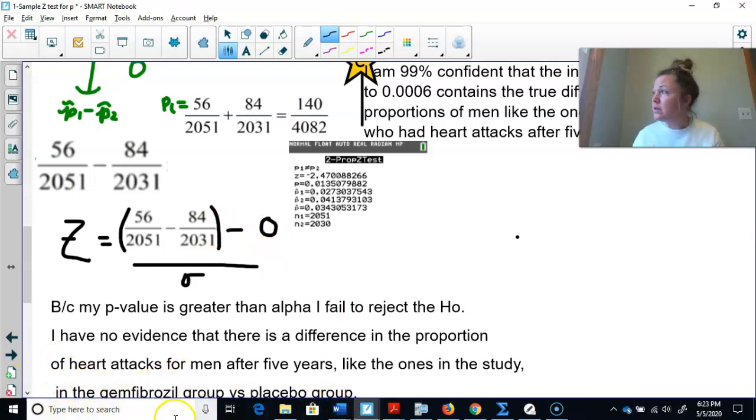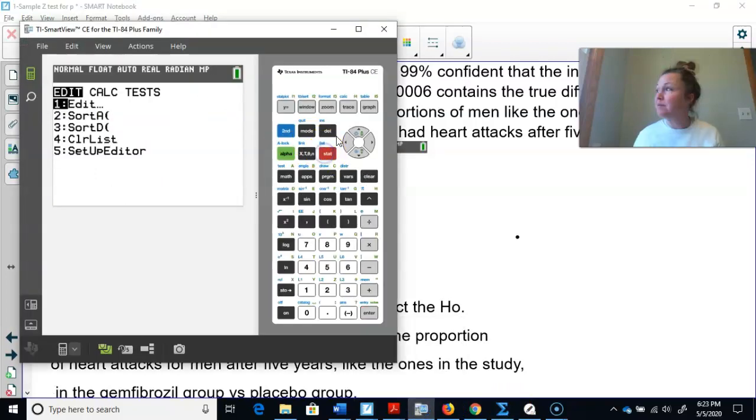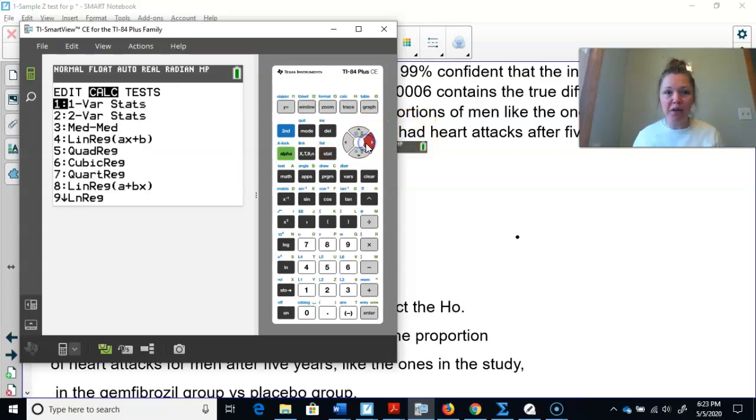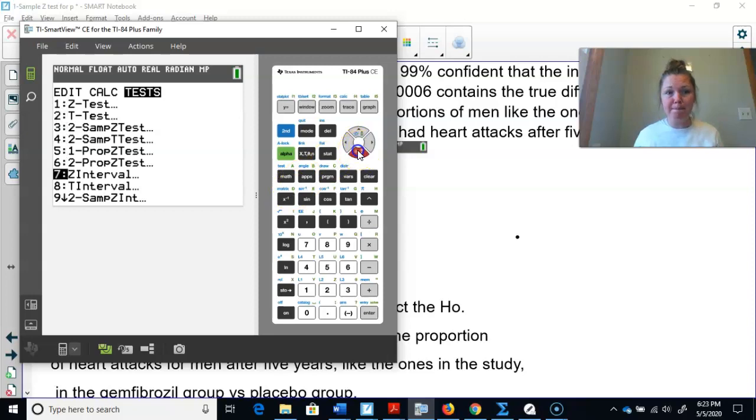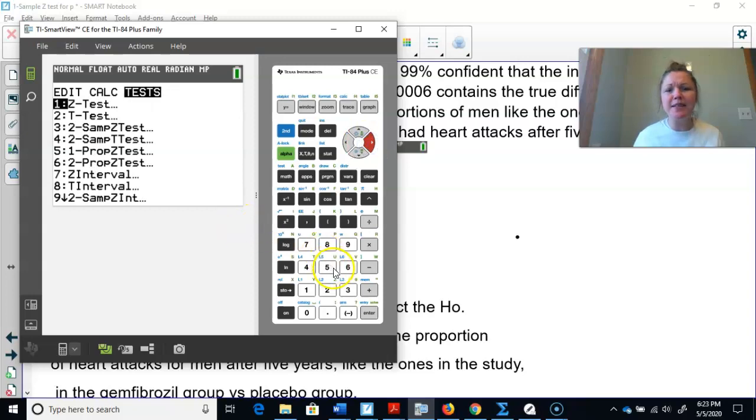Okay? So we go to, again, my daughter's outside, guys, forgive me. I go to stat. I arrow over to test. I go to 2-prop Z-test. Keep going. Did I miss it? Where did I miss it? Oh, I'm going to calculate. Go over to test. Sorry, guys. 2-prop Z-test is number 6.